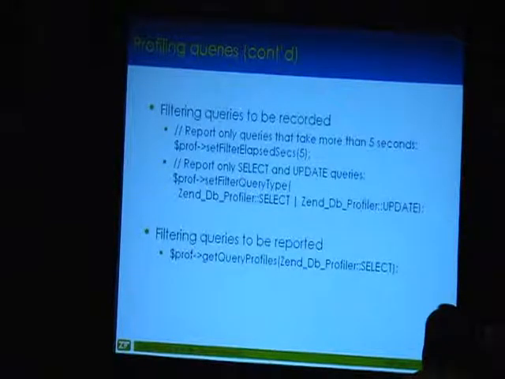The profiler also has some features to allow you to filter things out. It will not record profiles and timings for statements that you choose to filter out. And you can specify those with these methods: setFilterQueryType or setFilterElapsedSecs. So you can omit things from the report that were very fast anyway.